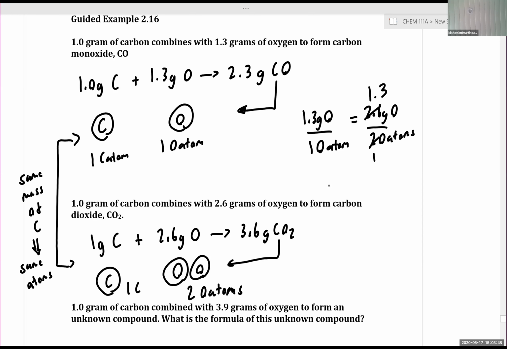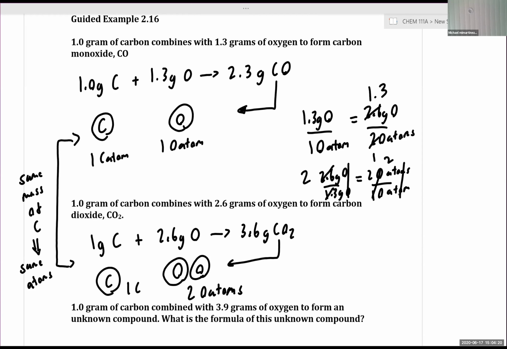In other words, the ratio of masses, 2.6 grams of oxygen over 1.3 grams of oxygen, is equal to our 2 oxygen atoms over 1 oxygen atom. So this ratio is equal, and they cancel out to 2 is equal to 2. So this reaction scheme obeys the law of multiple proportions.